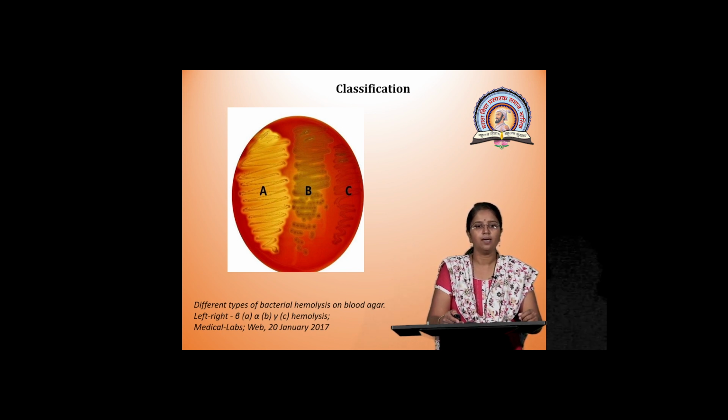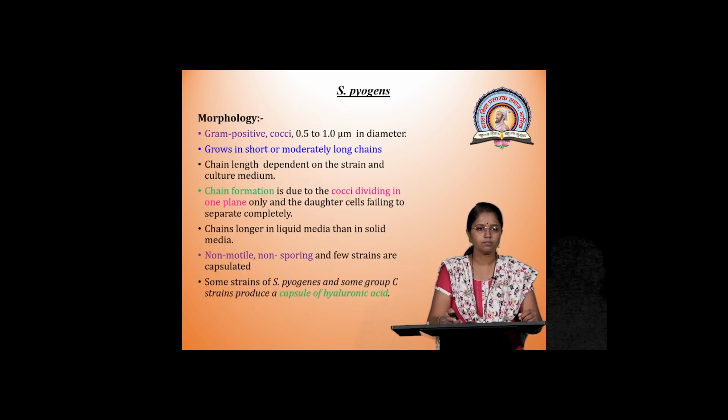In B, the area around the colonies is covered by a greenish discoloration zone, that is alpha hemolysis. In case of C, there is no hemolysis, the colonies are as they are, and there is absence of any zone around the colony, that is gamma hemolysis.